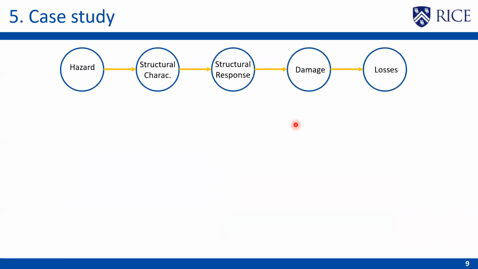First we start with the definition of the hazard, that is, the intensity measures. To consider factors that might affect hurricanes in the future, we consider changes in the forward speed velocity and sea level rise.